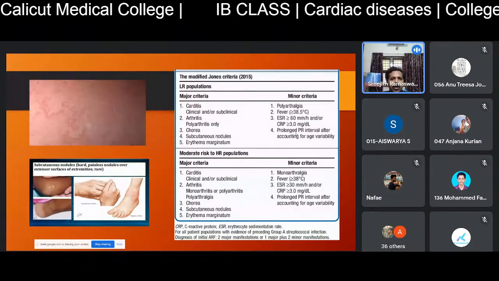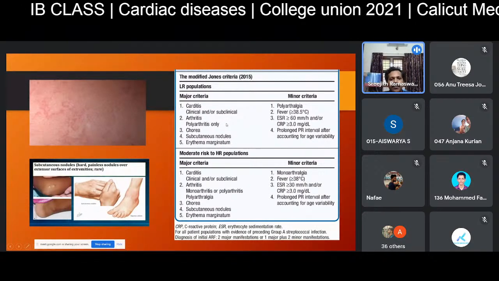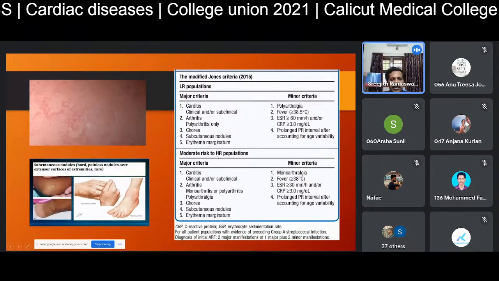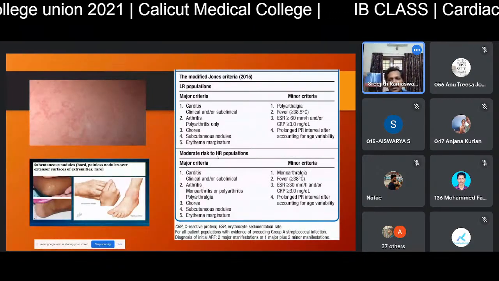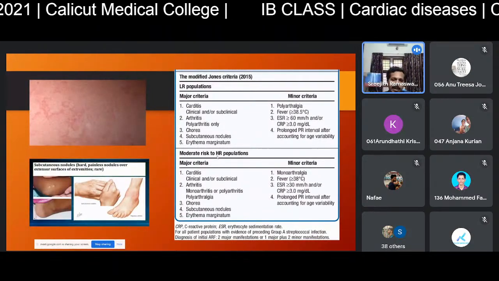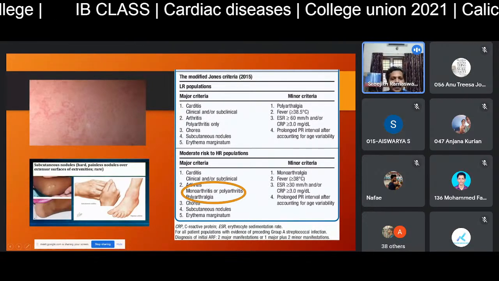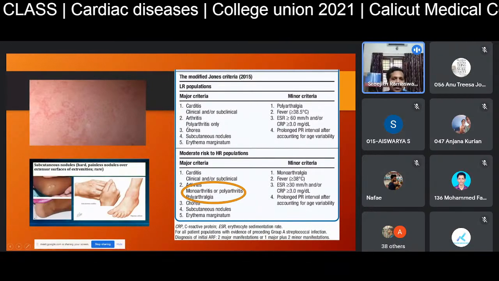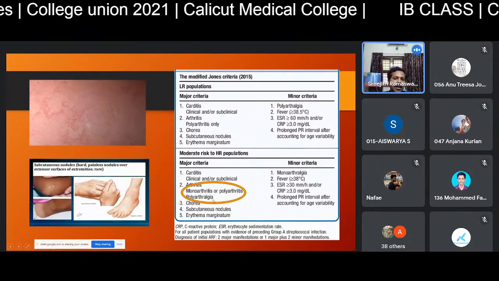Now what happened in 2015 was there was a revision of this Jones criteria. In the case of a high-risk population, who are having recurrent streptococcal sore throat infection, various changes were made into the criteria. The first one is in the arthritis: previously it was polyarthritis only. Now we are including monoarthritis and polyarthralgia also.